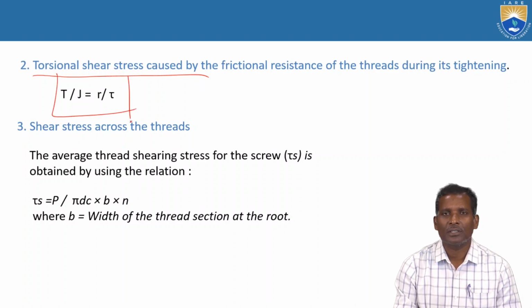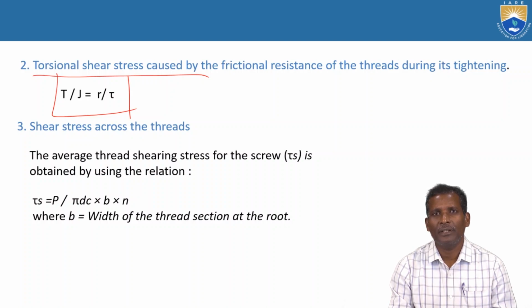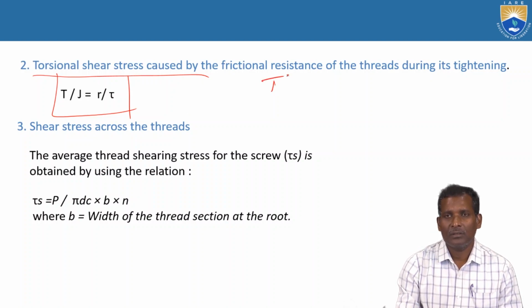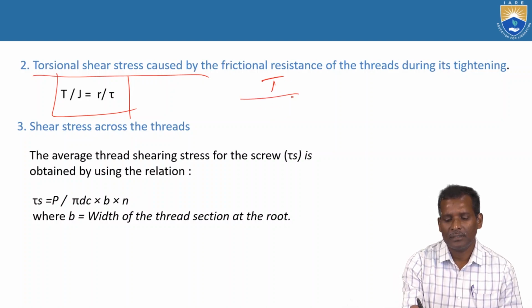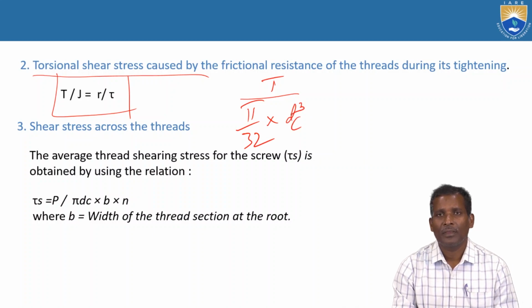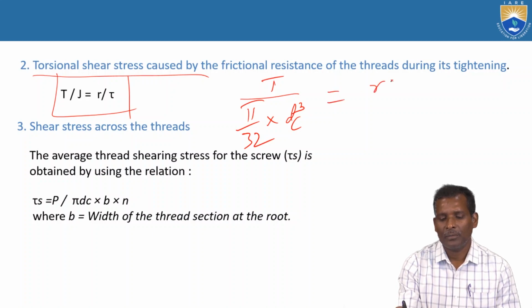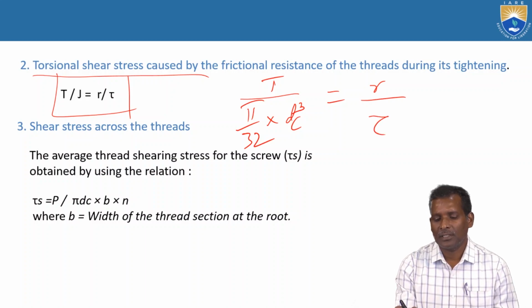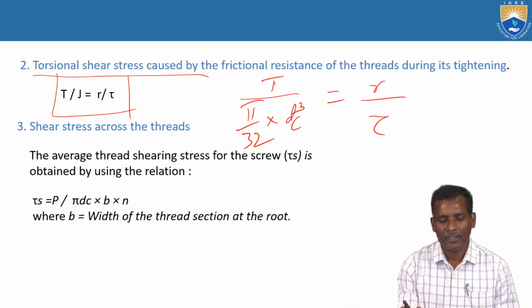You have to use the torsion equation, T by J is equal to tau by R. You know T is torsion and J is polar moment of inertia, that is pi by 32 into dc cube, equal to shear stress by R. So by using this relation you can find the shear stress.